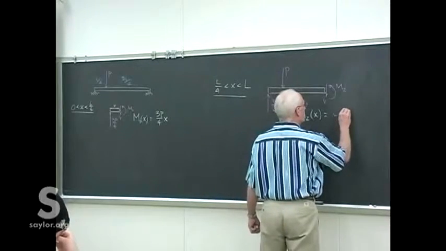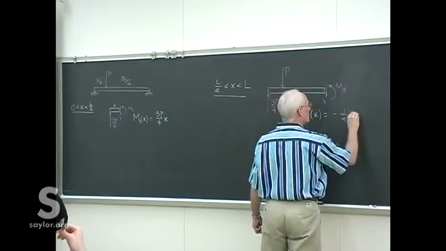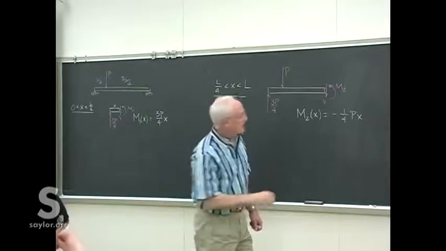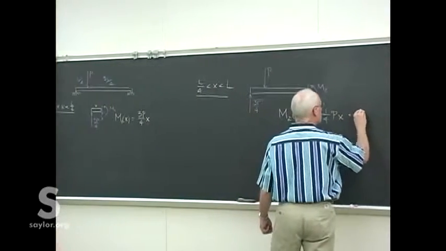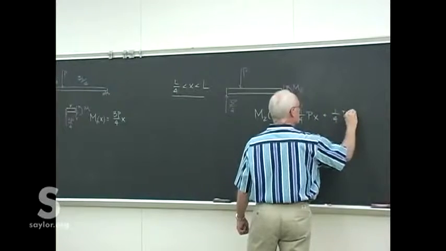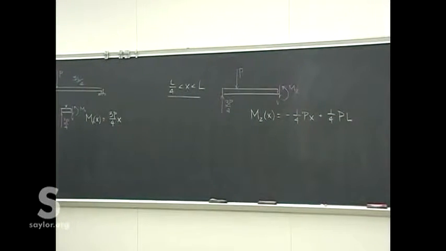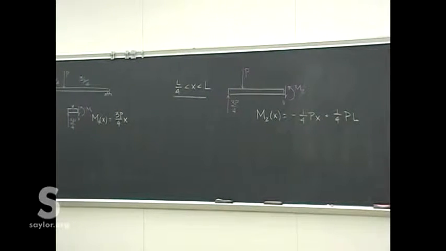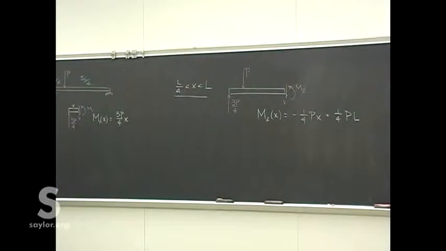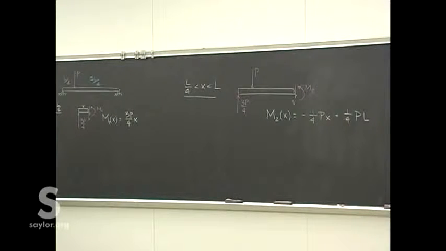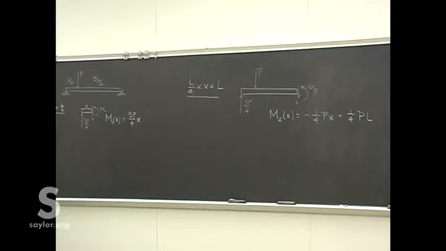Minus 1/4 Px. So the boundary condition, plus 1/4. Don't worry about the boundary conditions yet. Just get the curve. We don't need the boundary conditions till we've gotten all the way back to the load curve. I'm sorry, the elastic curve.